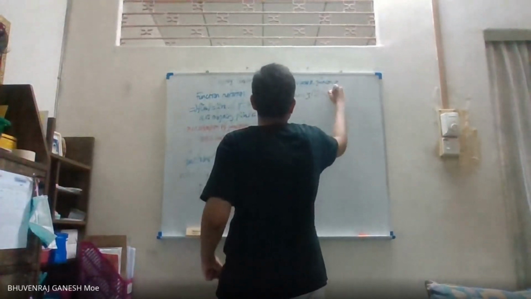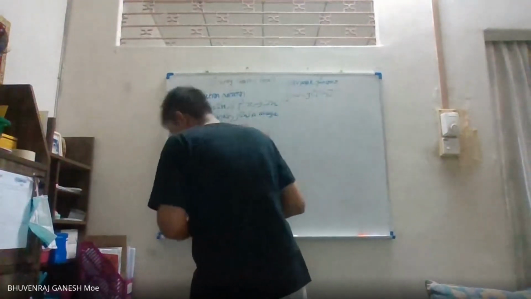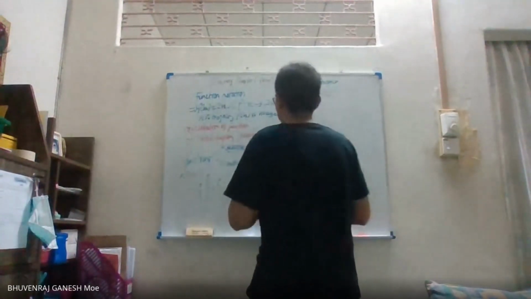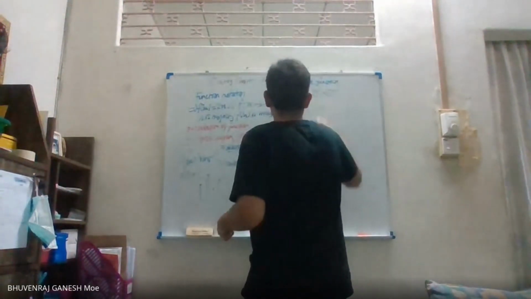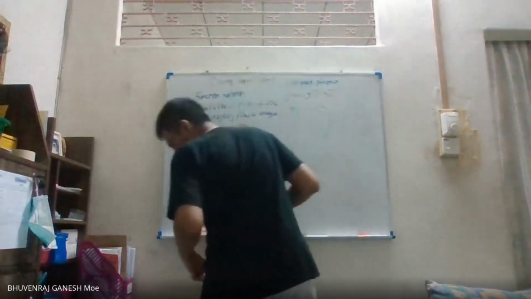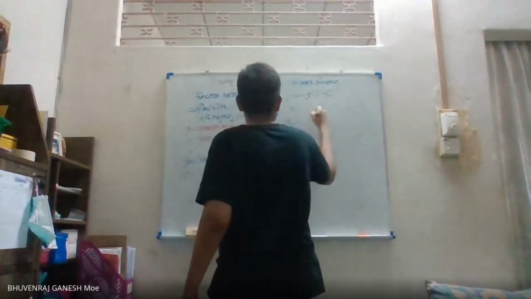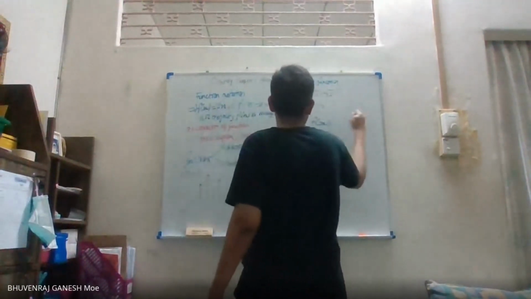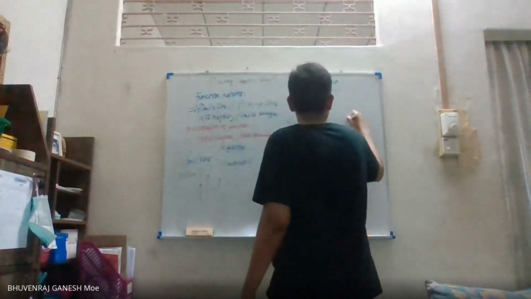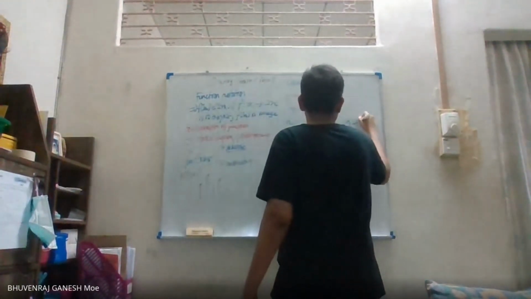That's how they form a composite function. So you have three circles: x, f(x), g(f(x)).